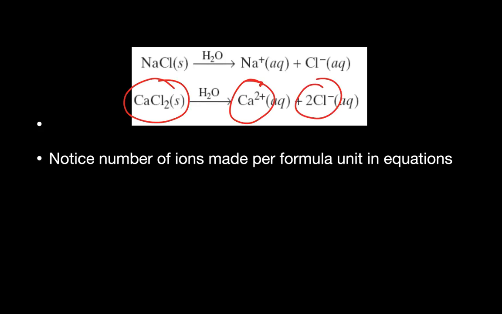So if you have 1 mole of solid calcium chloride, it will separate into 3 moles of ions. For sodium chloride, you have 1 mole of a solid, which will separate into 2 moles of ions.